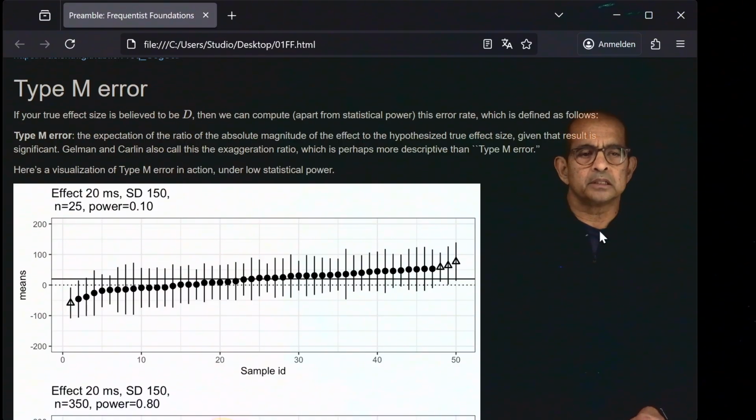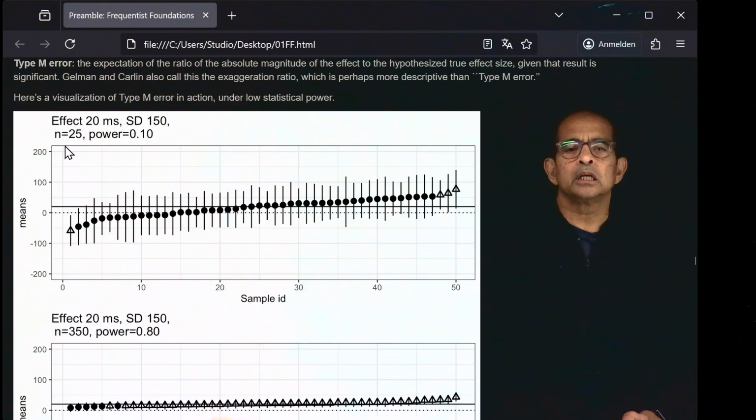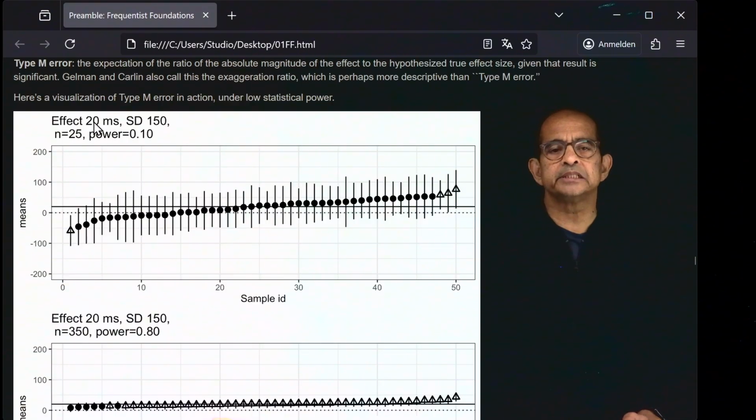So here's one very important adverse consequence of having low statistical power. This is what Gelman calls type M error, M for magnitude. So imagine a situation where your true effect size is 20 milliseconds, standard deviation is 150, and sample size is, let's say, 25. Okay?